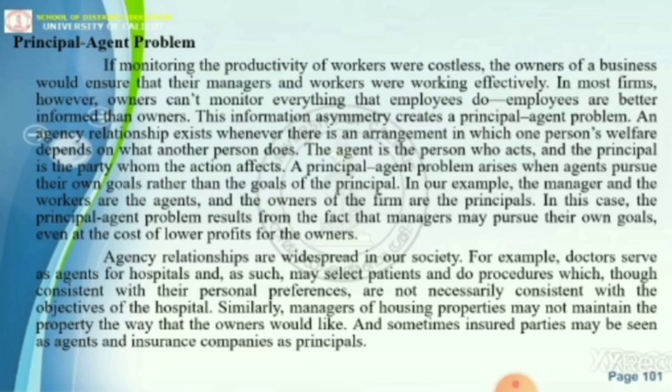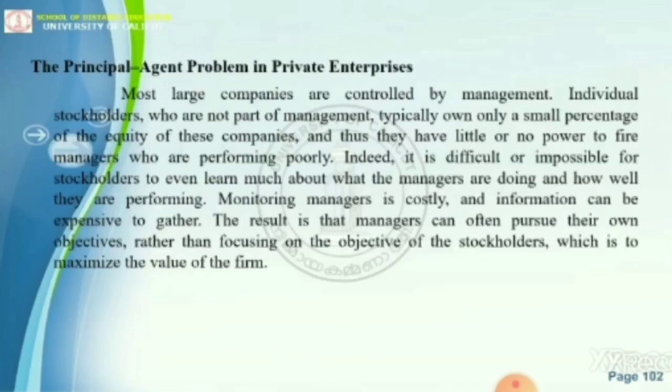And sometimes insured parties may be seen as agents and insurance companies as principals. So, the principal agent problem in private enterprises. Most large companies are controlled by management. Individual stockholders who are not part of management typically own only a small percentage of the equity of these companies, and thus they have little or no power to fire managers who are performing poorly.